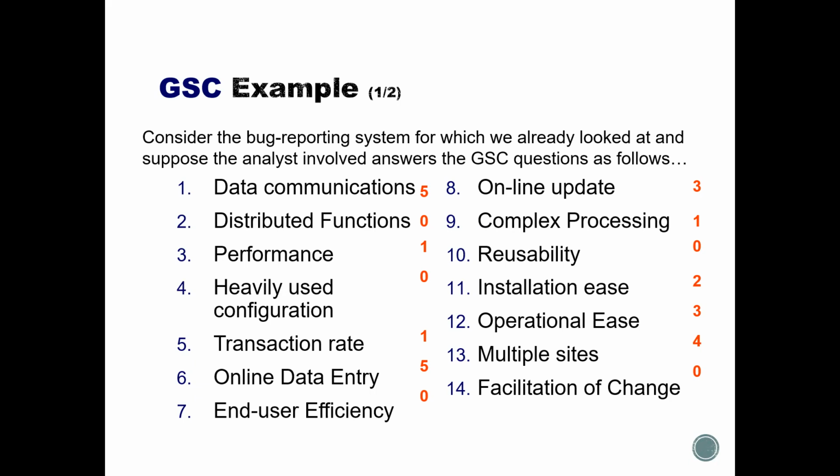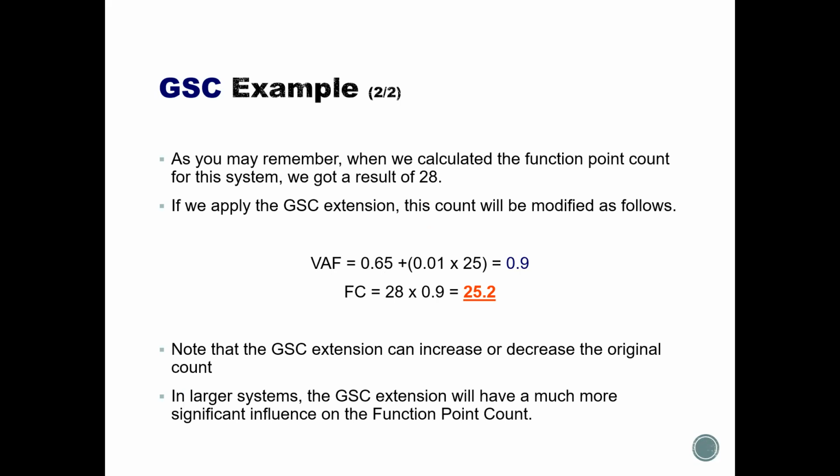Once you have these numbers for each parameter, you can simply add them together and get the total sum, a total score of 25. If you remember the previous formula for the value adjustment factor, which is 0.65 plus 0.01 times the summation of Ci for the whole 14 characteristics, which we calculated as 25, you get a value adjustment factor of 0.9.